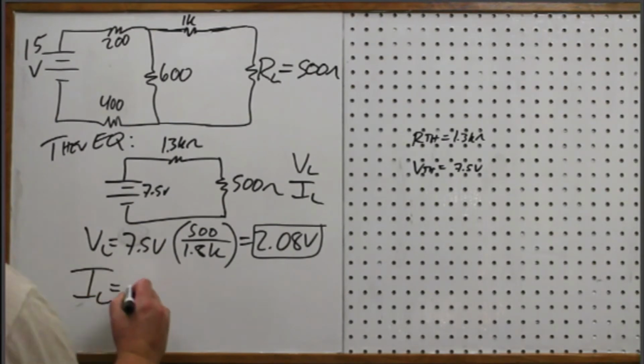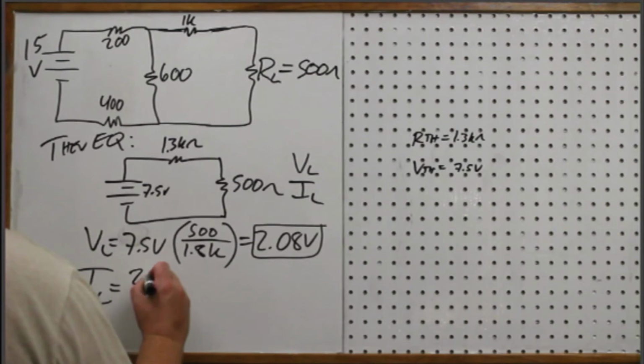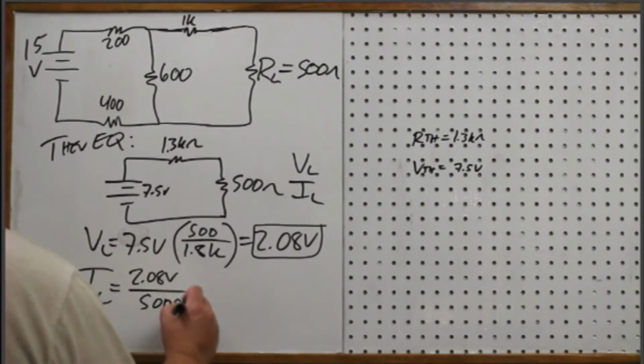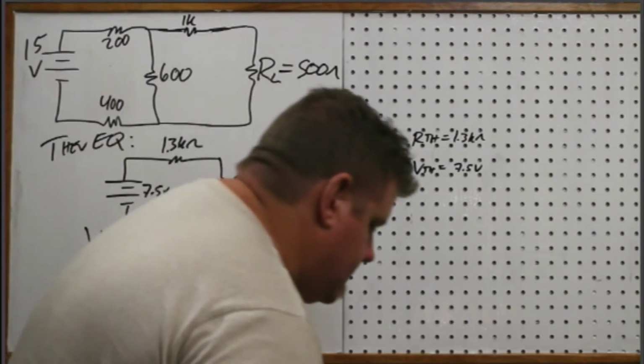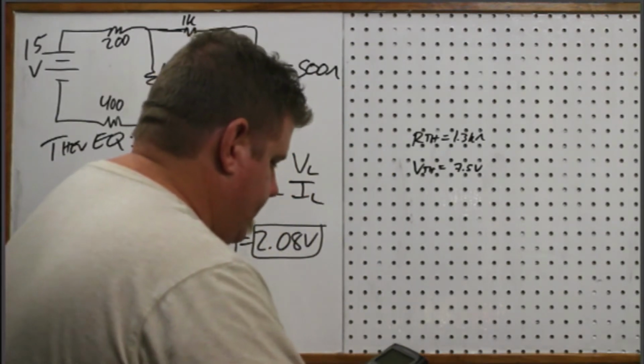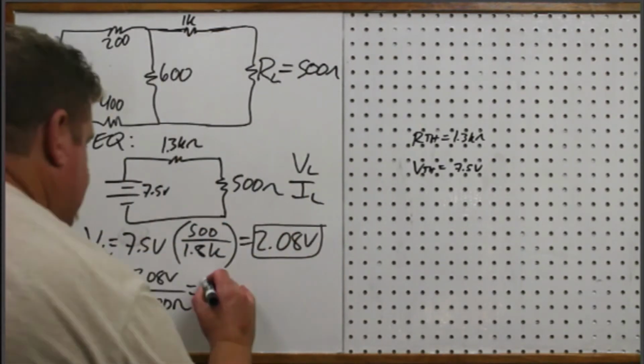And let's look at the current. So the current is going to be the voltage of 2.08 volts divided by the resistance of 500 ohms. So I just take that value divided by 500, and I get 4.17 milliamps.